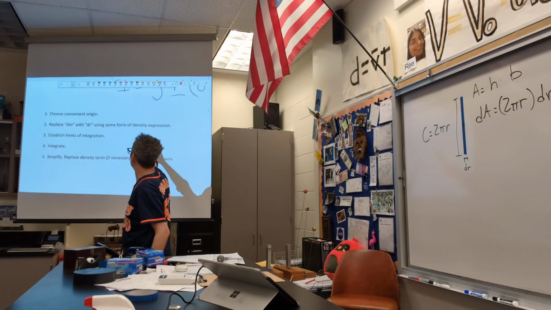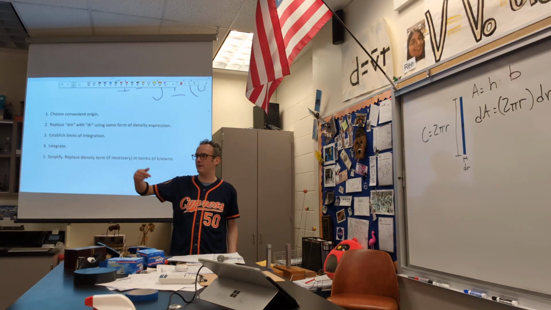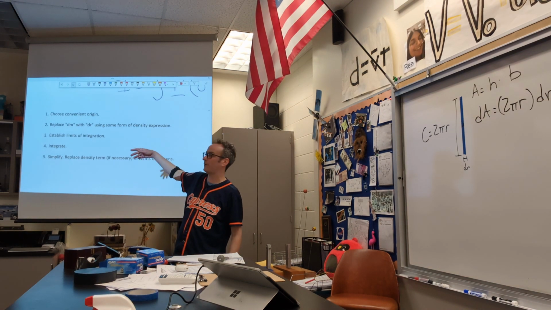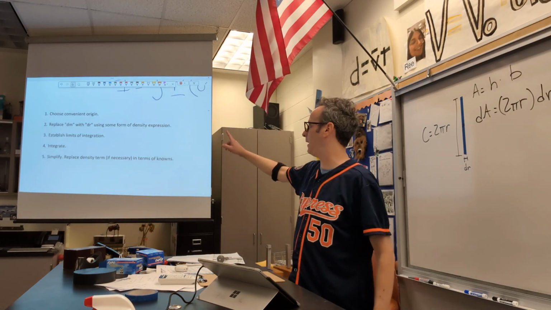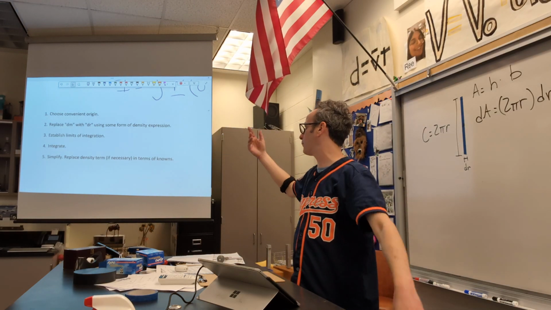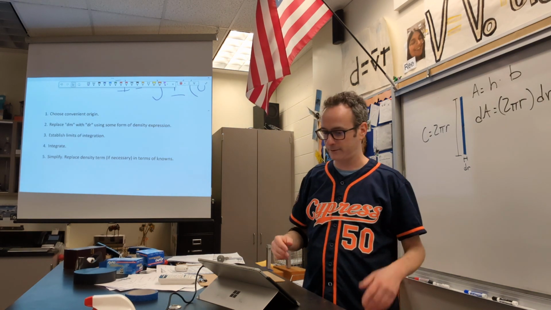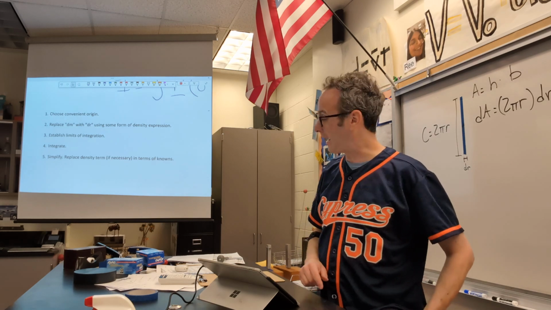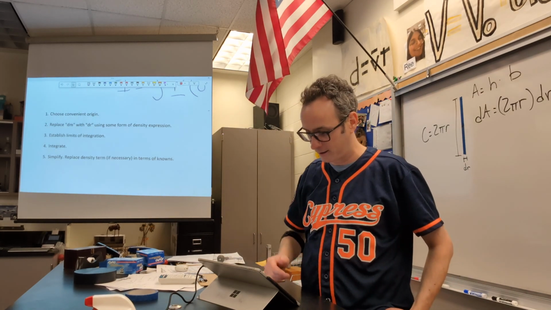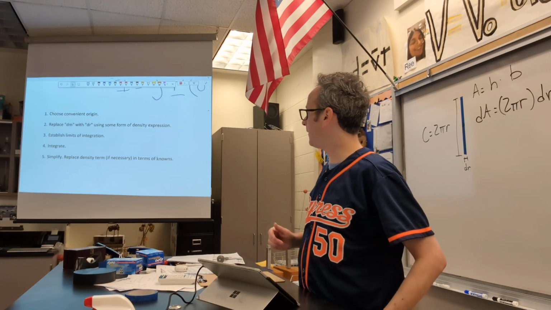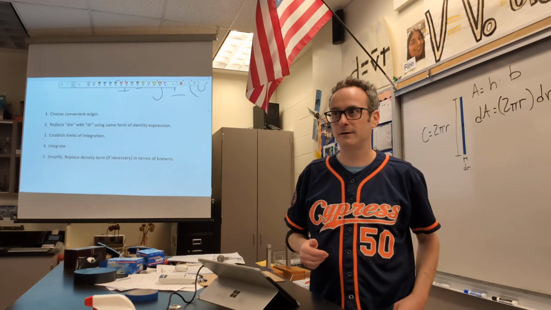Replace dm with dr using some form of density expression. In this case, we replaced the area with the area density equation. With the rod, you replace it with a linear density equation. Establish limits of integration. In this case, we went from 0 to capital R. Integrate, and then simplify and replace density term if necessary.